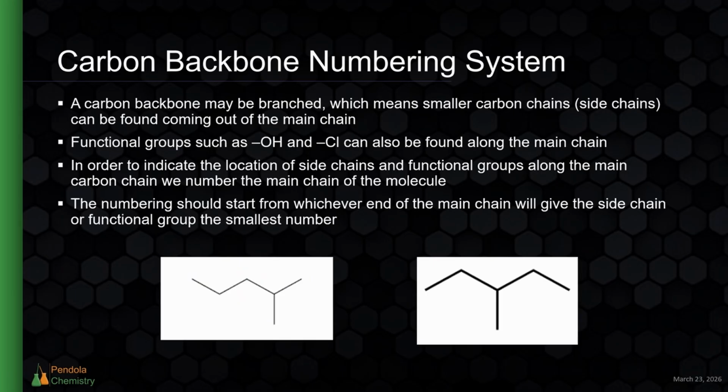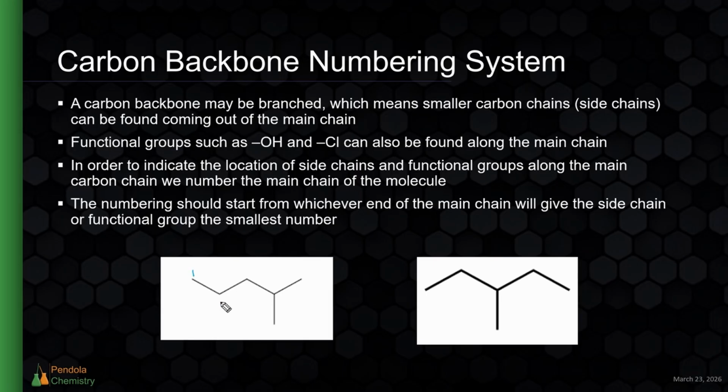So once we figure out which one our main chain is, we're going to start numbering it. But we're going to number it starting with the carbon closest to the side chain. In this case, we kind of have two options, one of which is correct, one of which is not. If we did this incorrectly, we could start from the left. Why would this be incorrect?